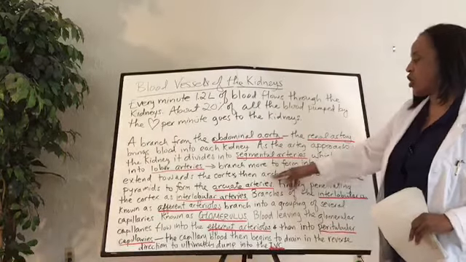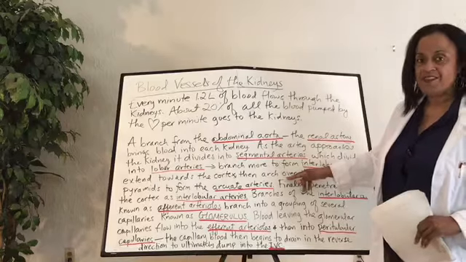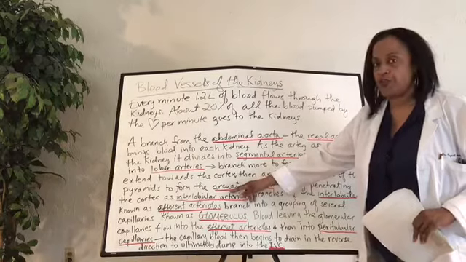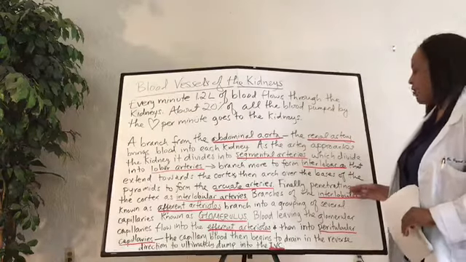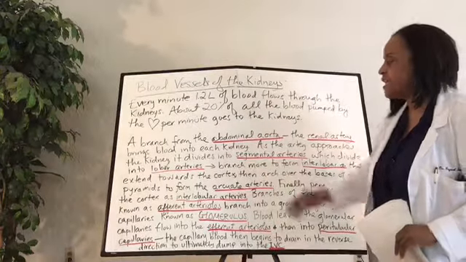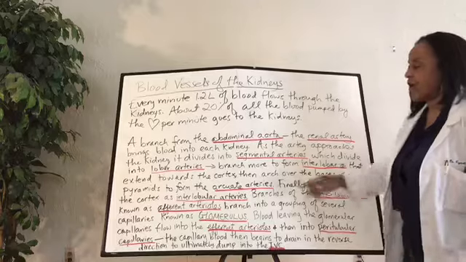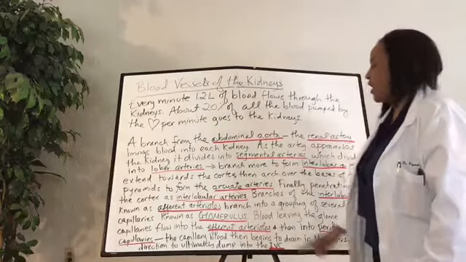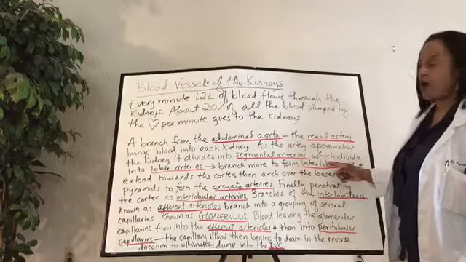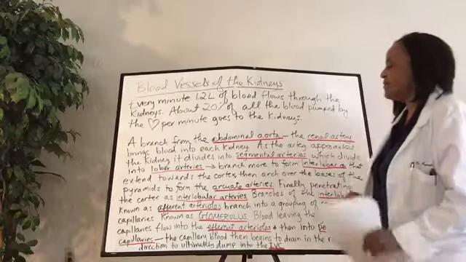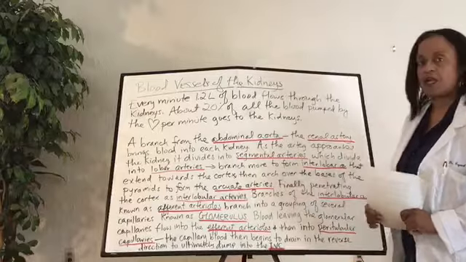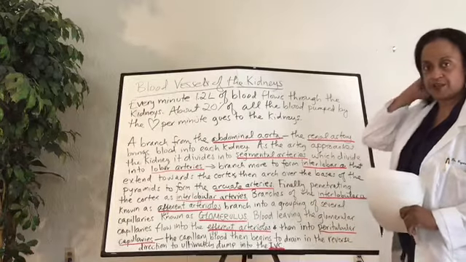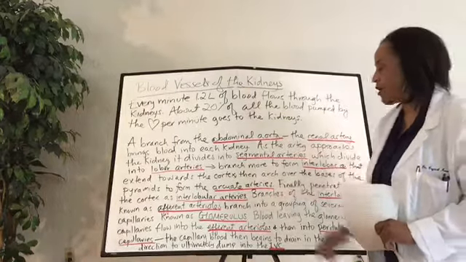You know this arch will form over the base of the pyramid, hence the word arcuate arteries. Finally, the artery is going to be penetrating the cortex as the interlobular. Now I want you to see that interlobular is different than interlobar. You can see the spelling is different. This interlobular artery is something I want you to put an asterisk by and remember, interlobular arteries.